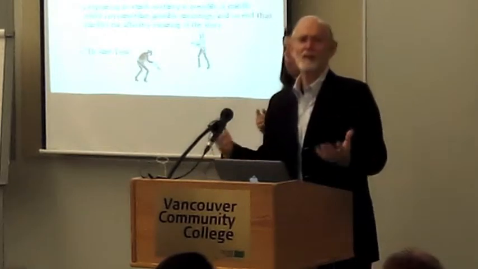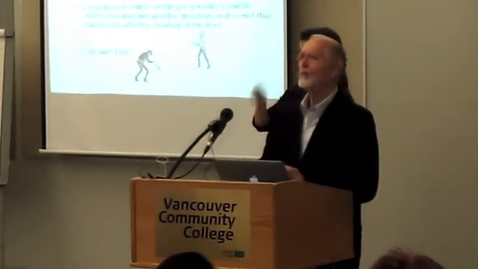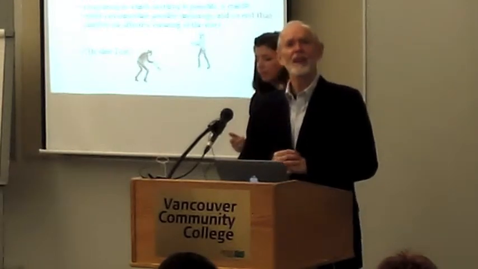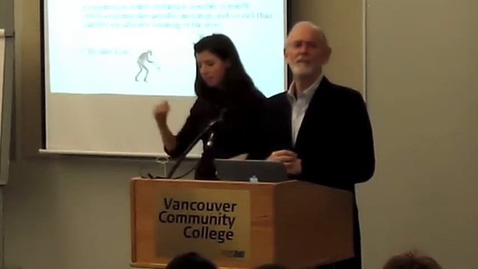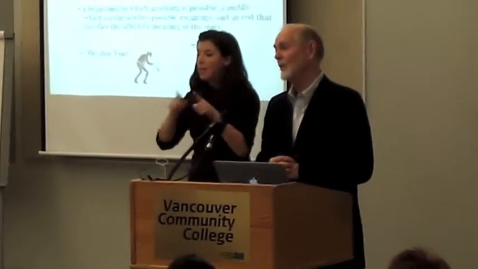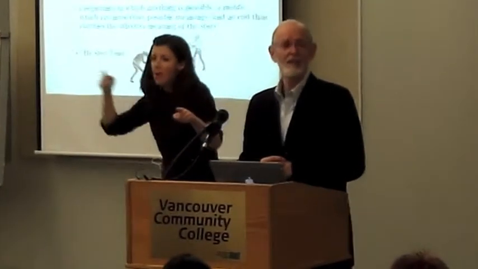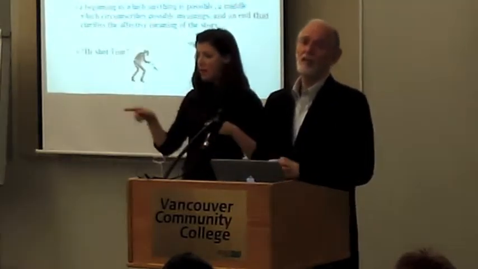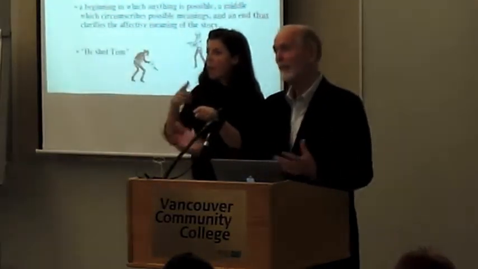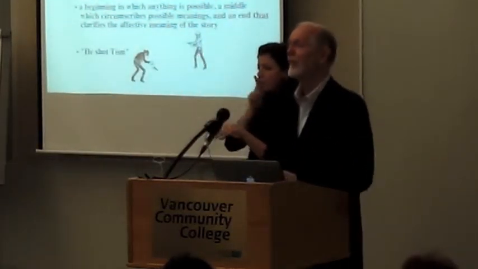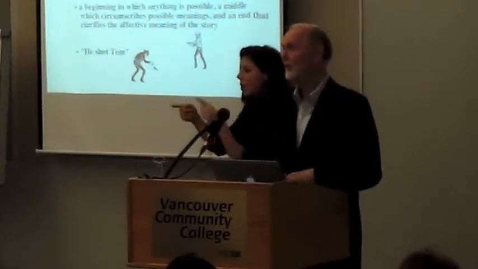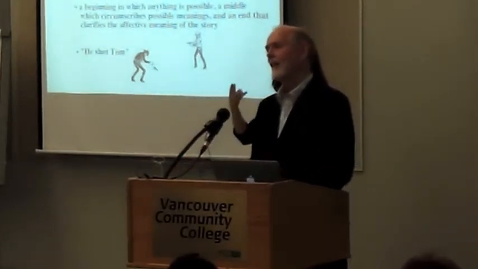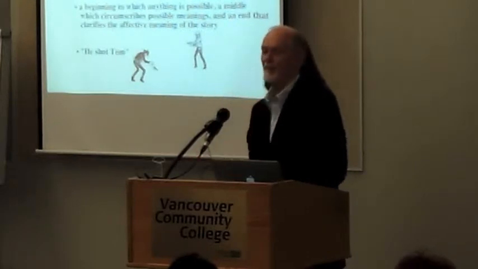But we could elaborate the story further and say that when we say he loved his grandmother, and I've got to be careful now, that he and the grandmother actually were awful, and they were selling drugs to students outside Vancouver Community College. And Tom was actually an undercover cop trying to stop them from selling the drugs to the students. So now, when you hear he shot Tom, you feel sorry that he shot Tom, right? Because clearly he was the bad guy and Tom was the good guy.